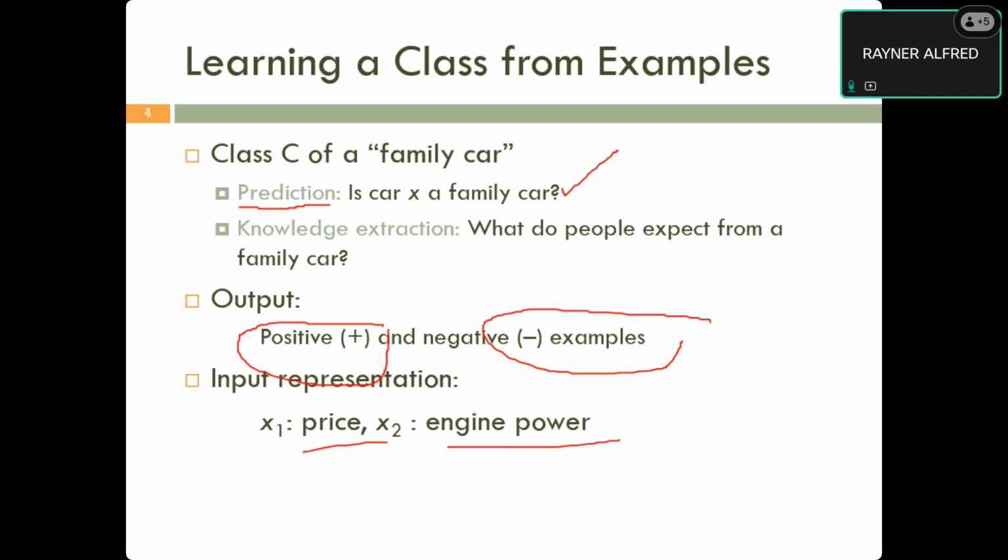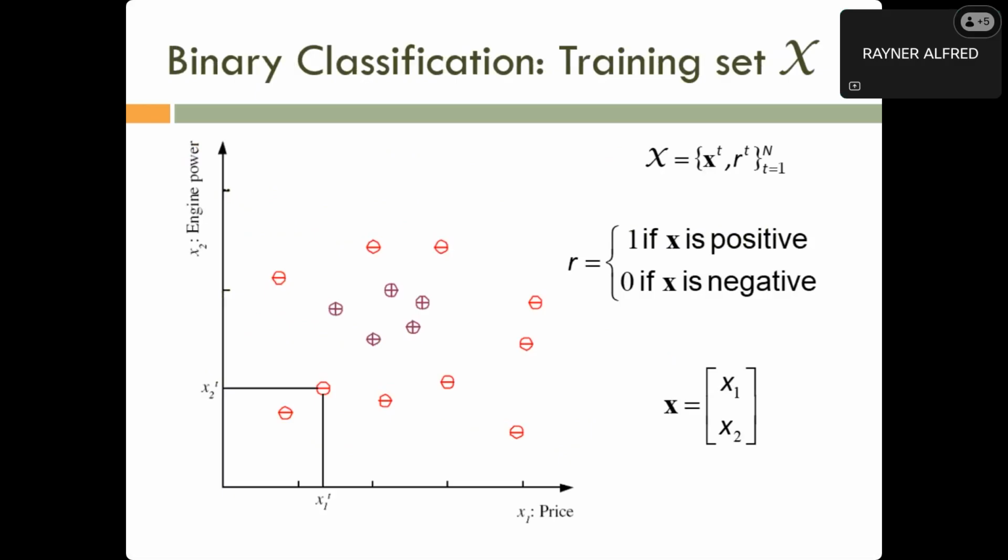So when we plot them here, the ones inside are all the family cars. Okay. And the ones outside, the negative ones, are non-family cars. Okay, so here we plot using the price and also the engine power.